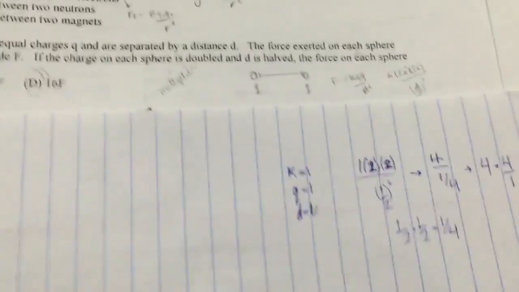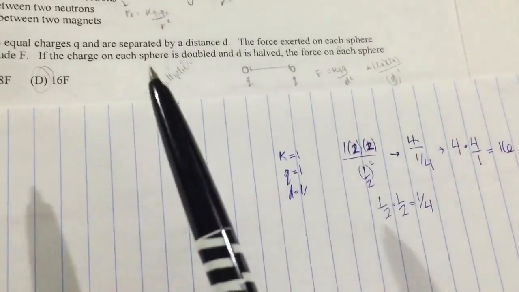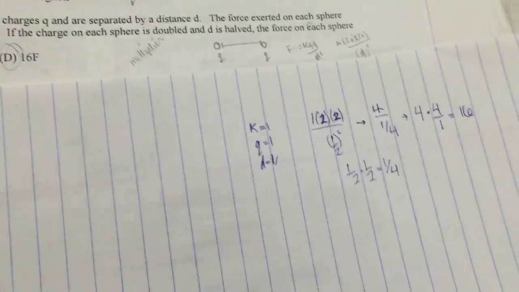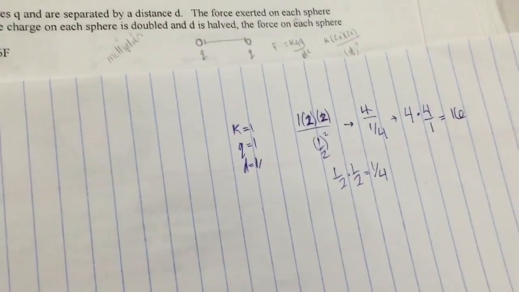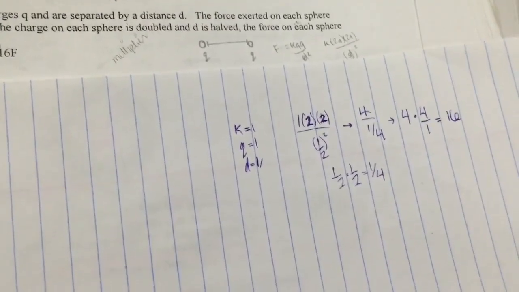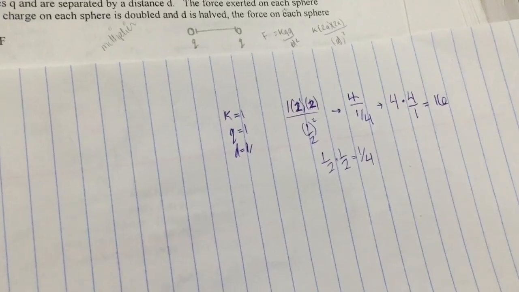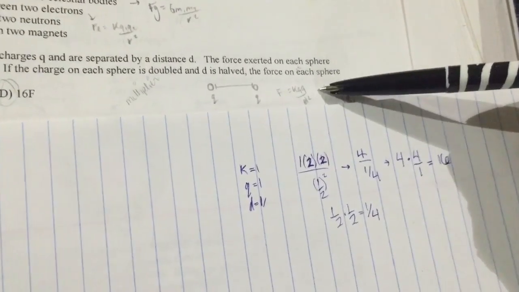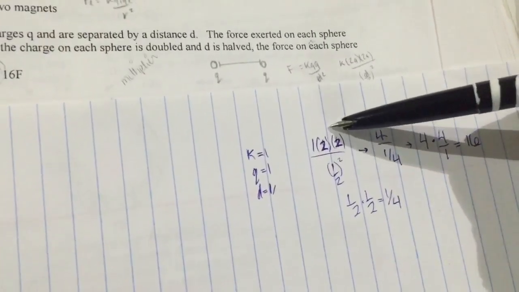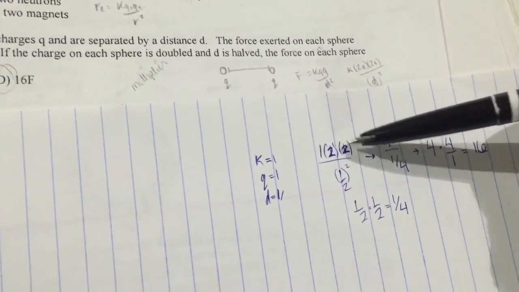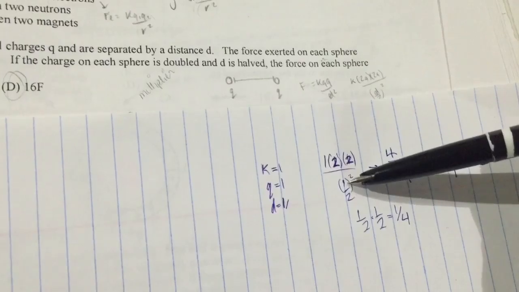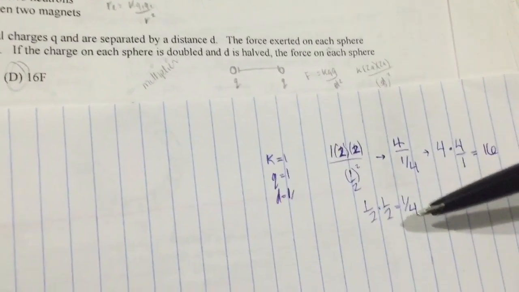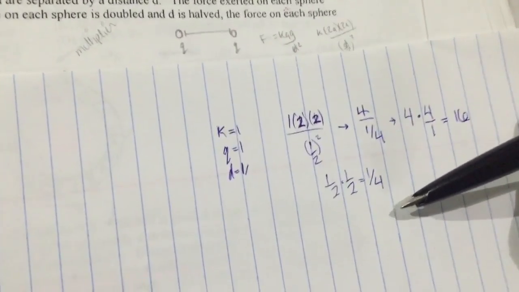But since the charge on each sphere is doubled, the Q's would become 2, and the distance would become a half. So when you plug it into the equation, you get 1 times 2 times 2 divided by 1/2 squared. 1/2 squared is equal to 1/4.